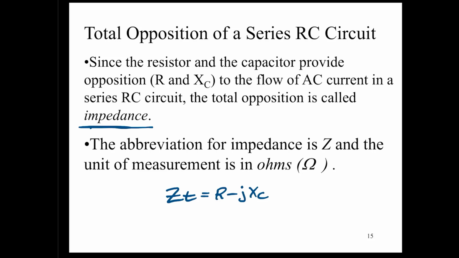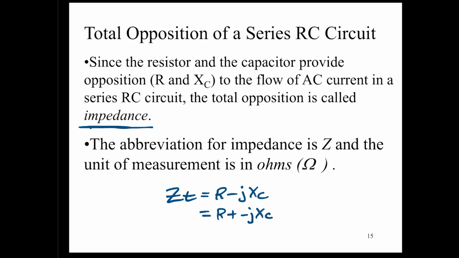So when we're looking at a rectangular value for a series RC circuit, its rectangular value for Z total can be expressed as R minus j XC, or what's sometimes shown as R plus, because it's still an addition of values, plus minus j XC.